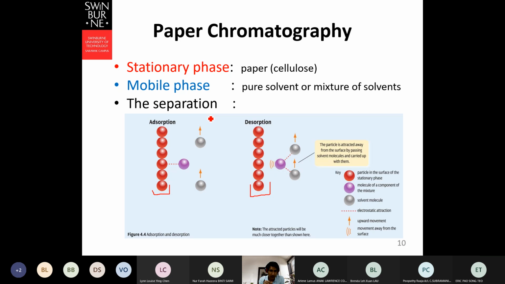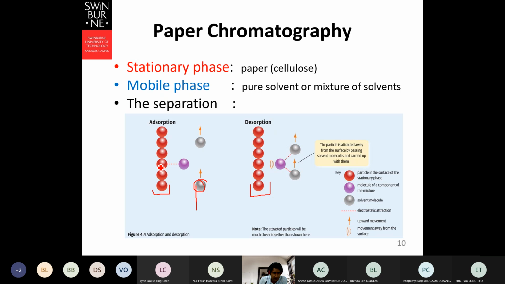This paper is the stationary phase, and it will be put inside the water beaker, or the container holding the samples, and the mobile phase is the solvent. The solvent can be many things. It can be water, acetone, ethanol, hexane, depending on what type of sample we are using. So this is the stationary and mobile phase.